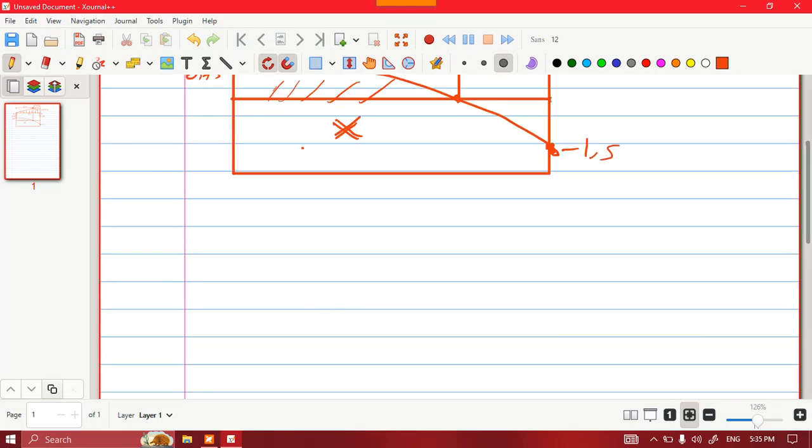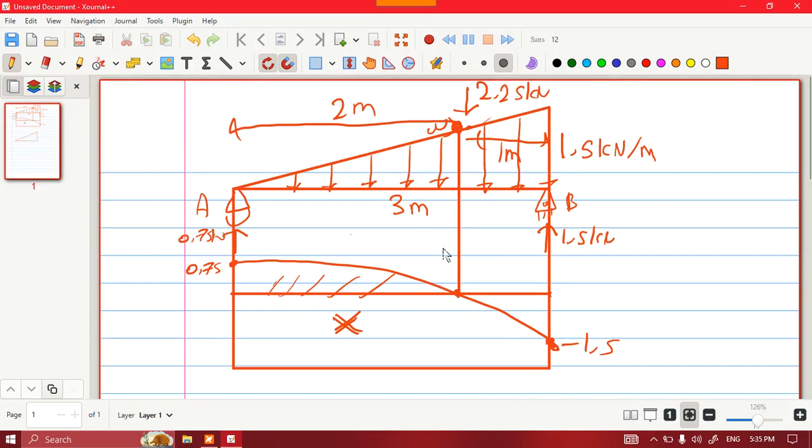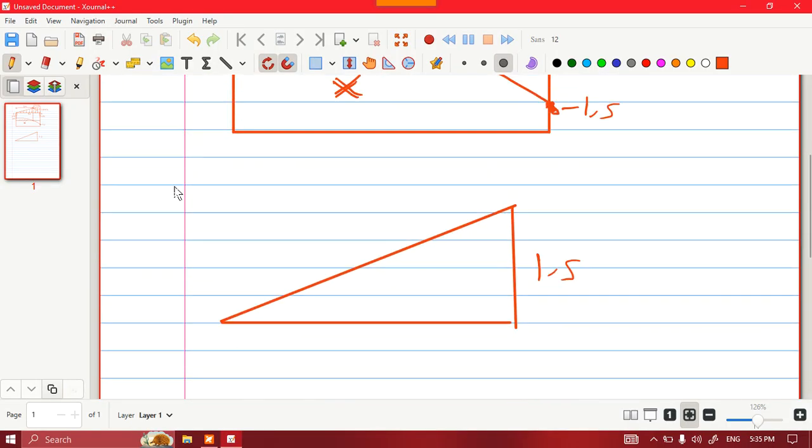Now I can take the whole triangle and find W. This is the whole triangle. This is 1.5 kilonewton, I think it was 1.5. As you can see, it is 1.5 here, and I have W here, and this distance is x, as I called it. You can call it whatever you like.